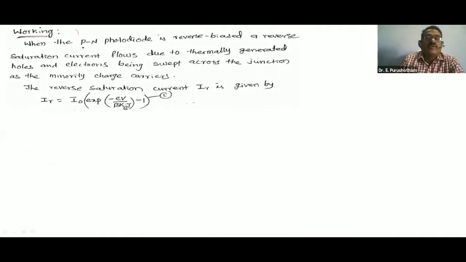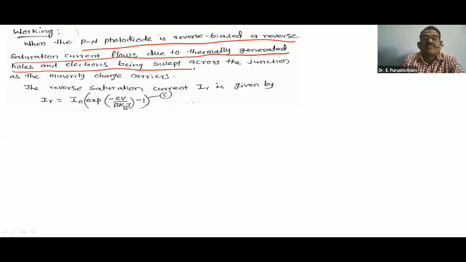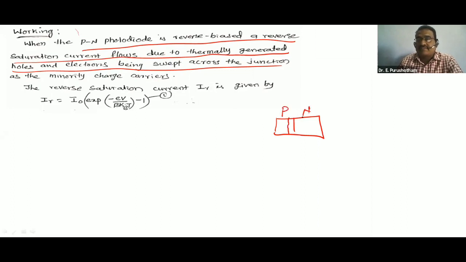When the photodiode is reverse biased, a reverse saturation current flows due to thermally generated holes and electrons being swept across the junction. I discussed this yesterday. This is the P-type semiconductor, this is the N-type semiconductor, this is the depletion layer. In P-type, majority charge carriers are holes and minority charge carriers are electrons.